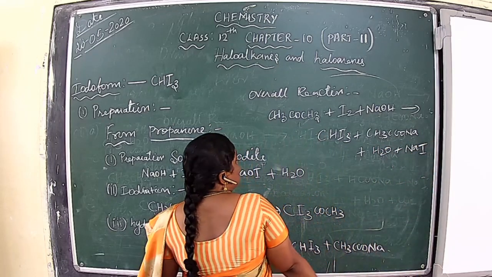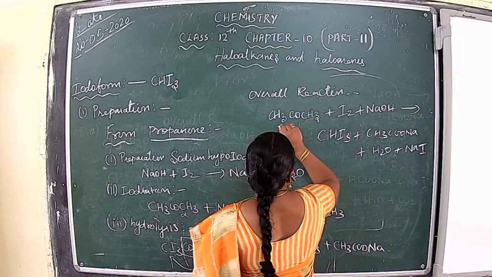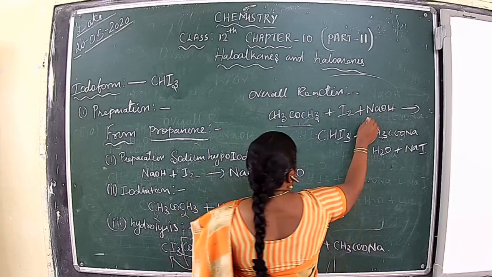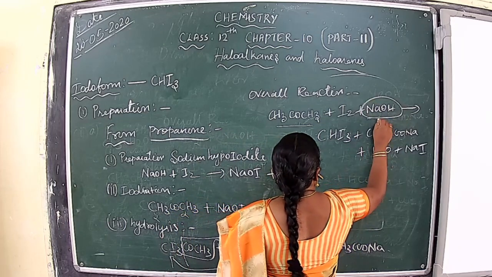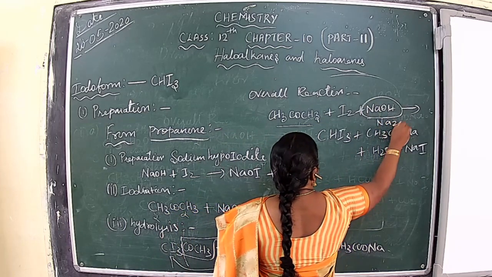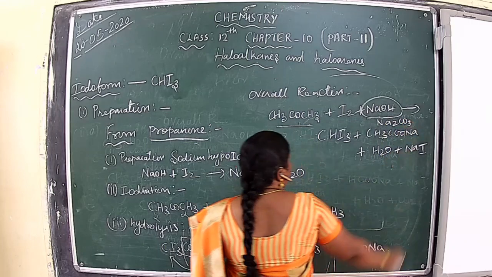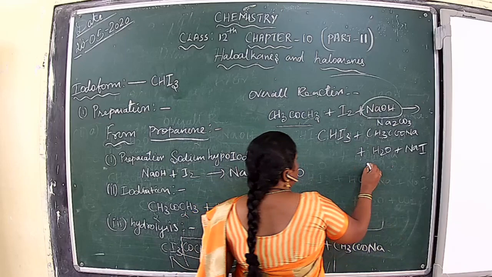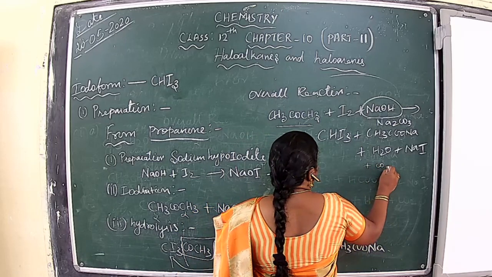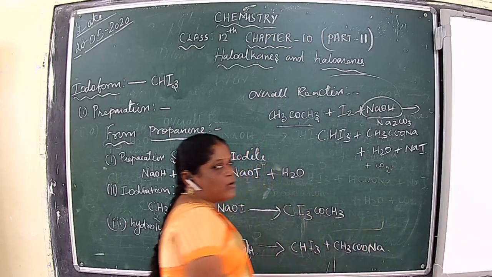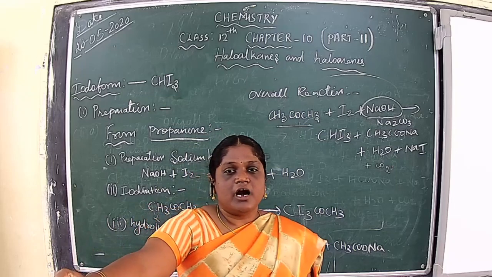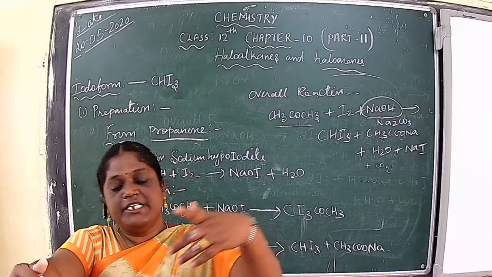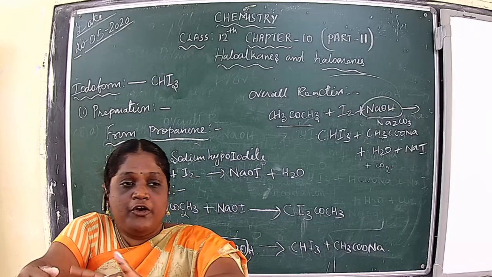Same as before, instead of alcohol we write acetone. Instead of NaOH we can also take sodium carbonate, which liberates carbon dioxide, so on the product side we write carbon dioxide. So these are the two methods for preparation of iodoform.